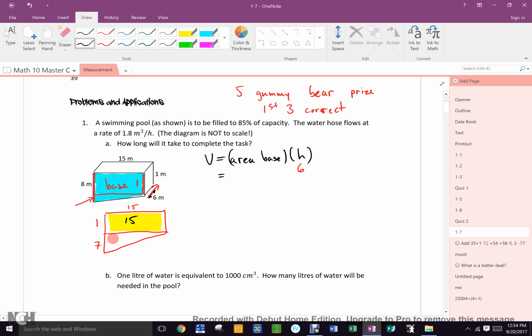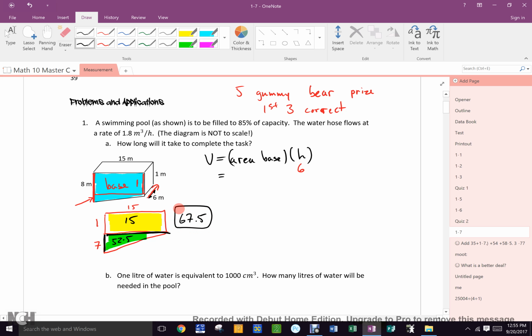So what's the answer? 15. Excellent. How do I find the area of a triangle? No. Base times height divided by 2. 7 times 15 is 105 divided by 2 is 52.5. What do I do with those two areas? Add them to get 67.5.